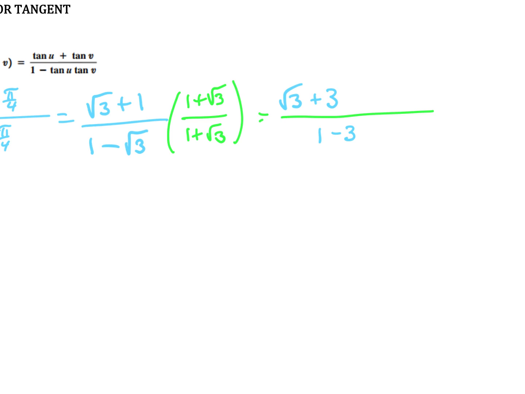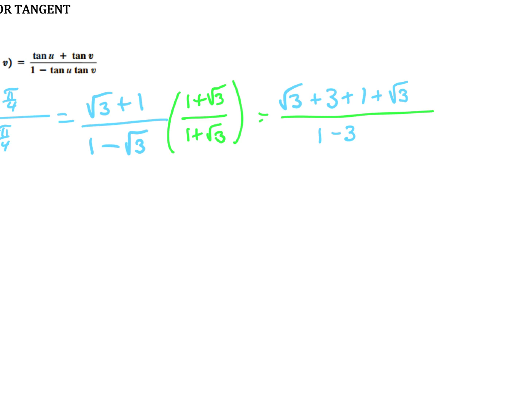And then inside, we're multiplying 1 times 1, so we get 1. And then for the last term, we're multiplying 1 times the square root of 3, we get the square root of 3.